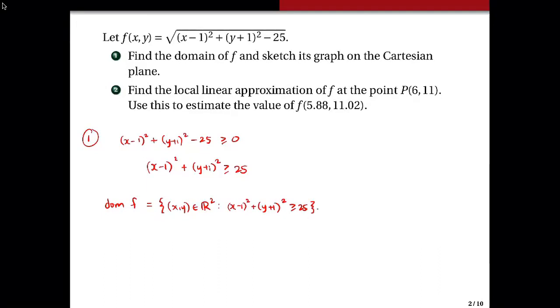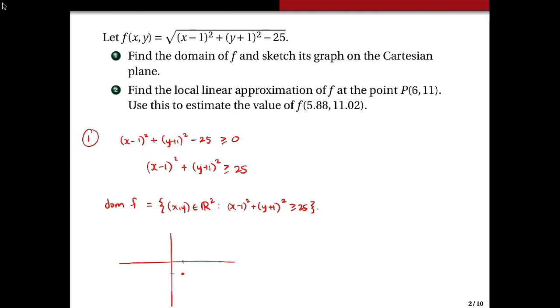Okay? And then for the sketch, you start with the circle centered at (1, negative 1). So this is 1, this is negative 1. You have this center here. And then you have a circle of radius 5.